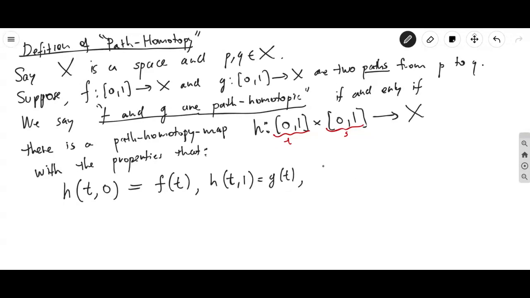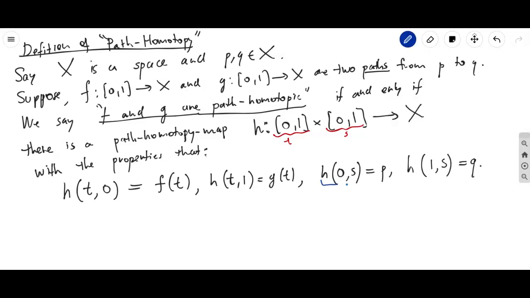Notice if we set s as 0 or s as 1, we get these two. And if you set t as 0 and t as 1, then you're getting the endpoints. H of 0, s should always be p, and h of 1, s should always be q.